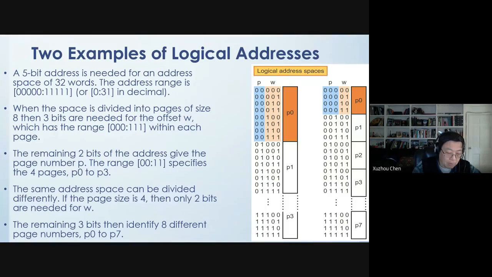If we could not find any chunk of memory space big enough for the program, then the program has to wait, or we have to use swapping to swap some programs out of the memory and free up some memory space. Then hopefully we can get a memory space big enough for the program, so we can load the program into the memory.